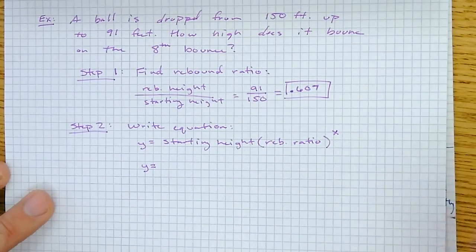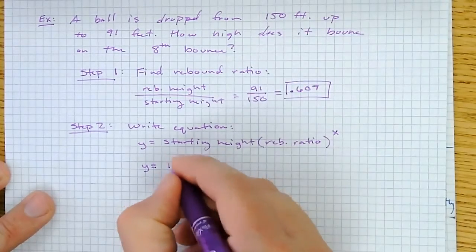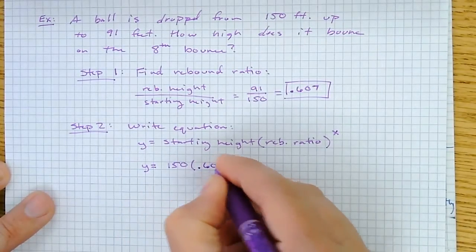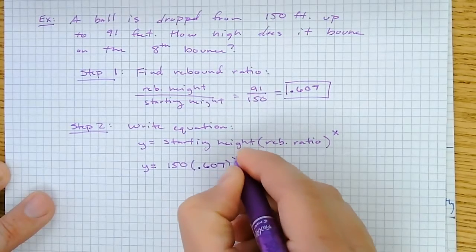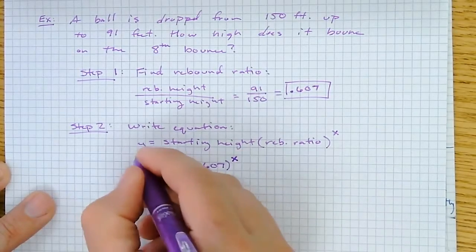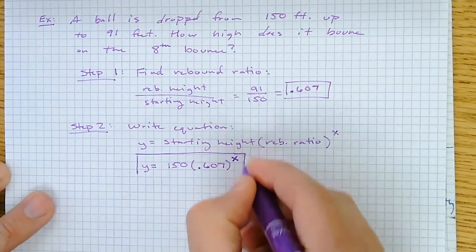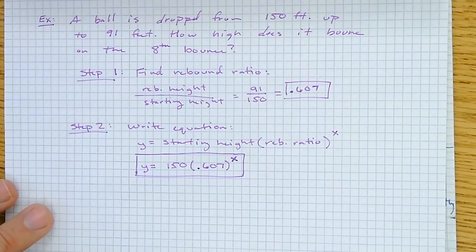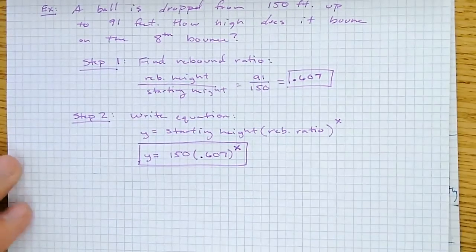Your starting height was 150. Rebound ratio was 0.067. So we have 150 times 0.067 raised to the x.